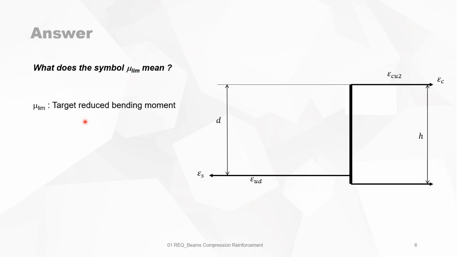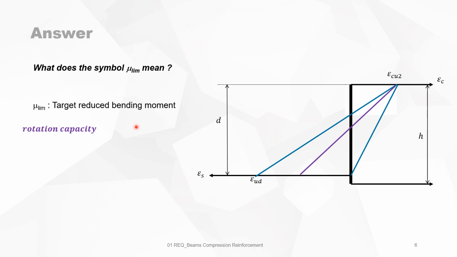The target reduced bending moment, working in the area of simple bending, it means we are situated between those two load cases. And first of all, we take as example the rotation capacity. So this is this load case or this shape of strain diagram.